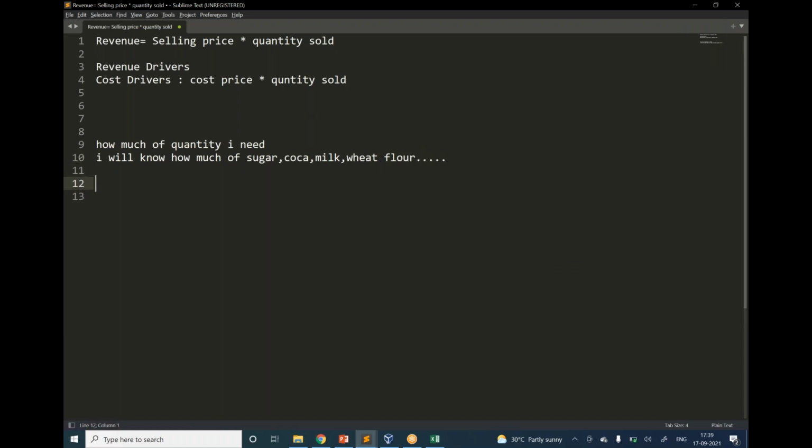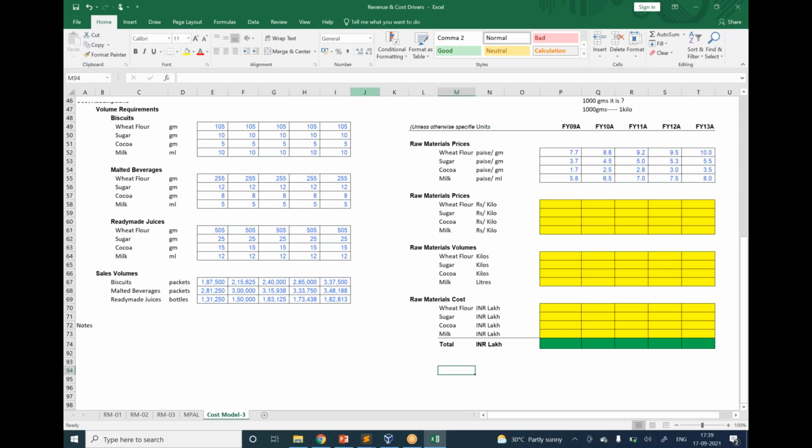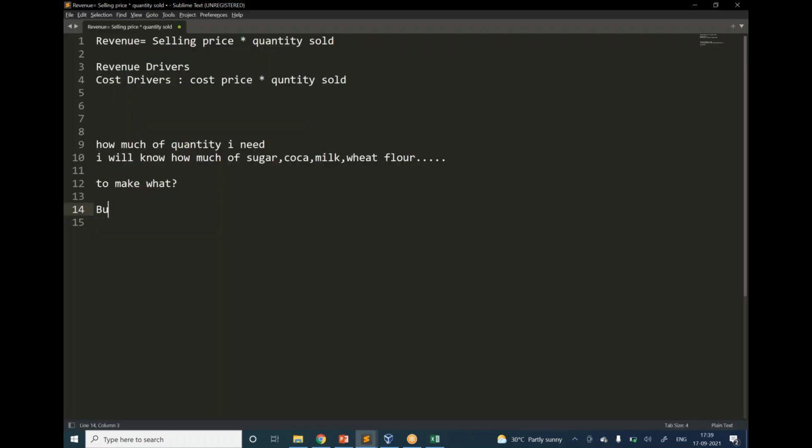You need these 4 raw materials to make what? If you observe here, the last one, biscuits. You're here to make biscuits, you're here to make malted beverages, and you're here to make ready-made juices.